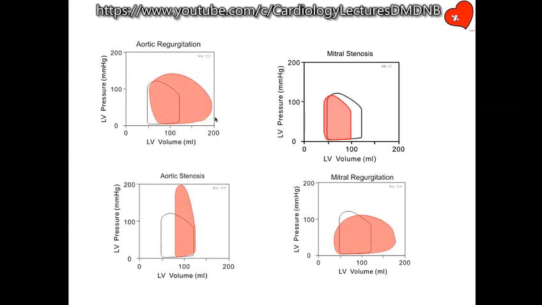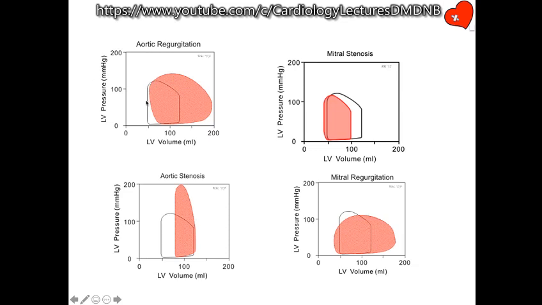Here the isovolumic contraction phase is also reduced, but more important, the isovolumic relaxation phase is oblique. Can you see this? Instead of being vertical, when the aortic valve is closed, the ventricle is relaxing.